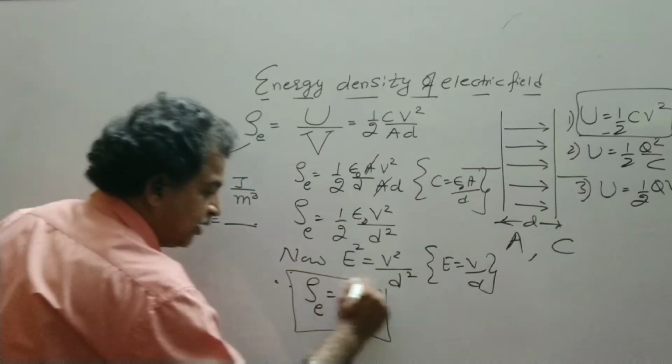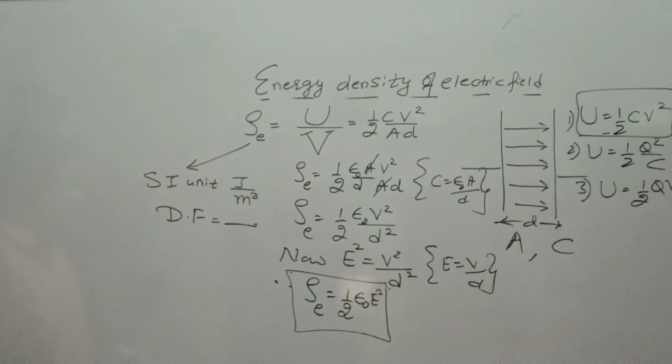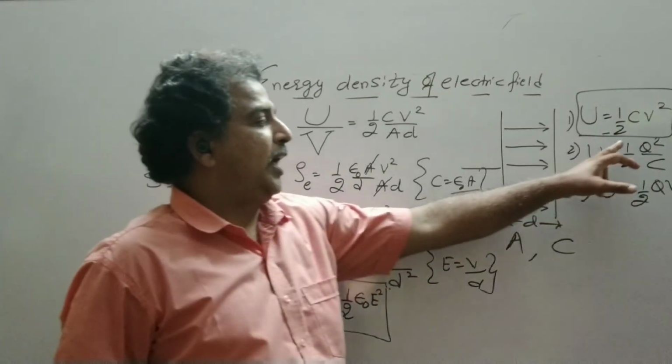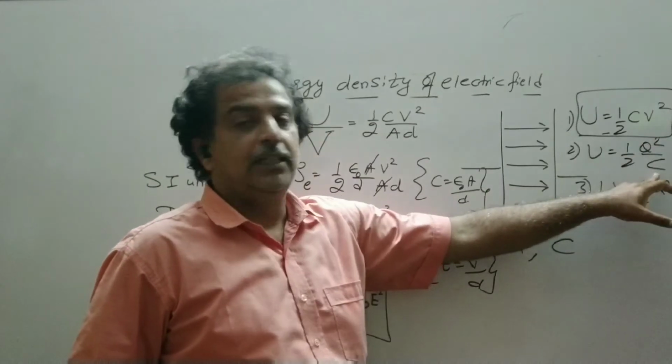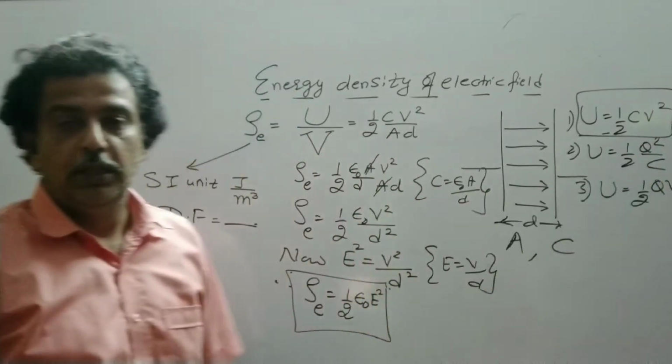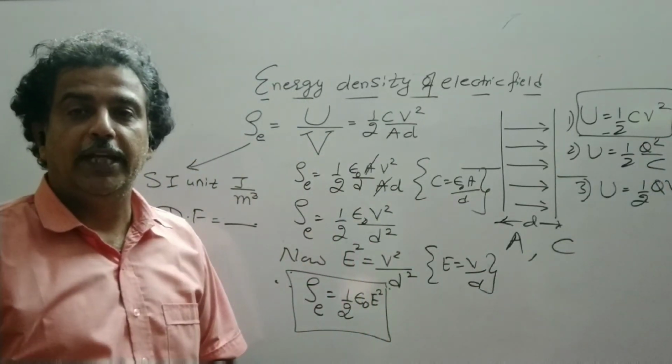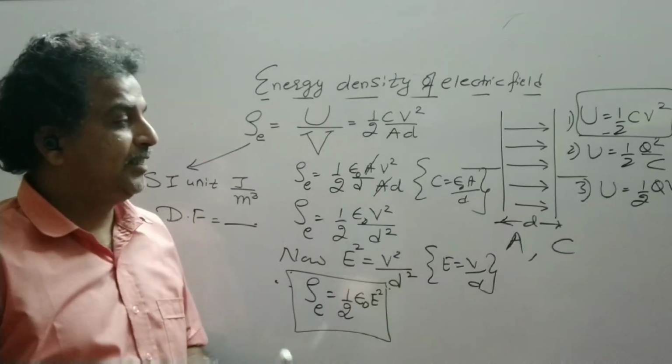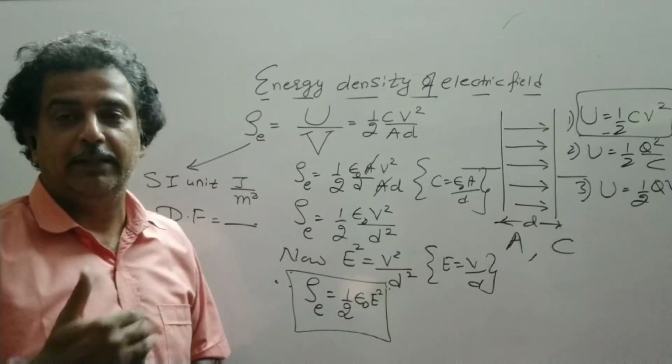So this is an expression for energy density of electric field or energy density of a capacitor. Say if you use this formula, half Q squared by C, in the place of Q you can write sigma into A, and then C can be written as epsilon naught A by d.